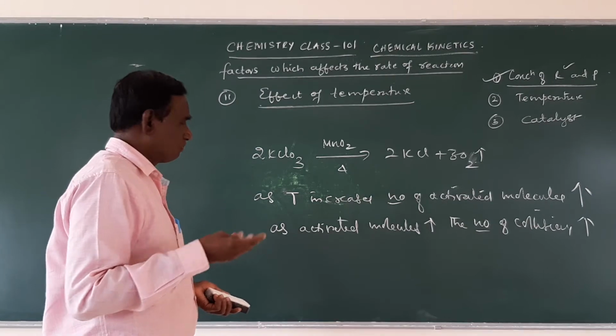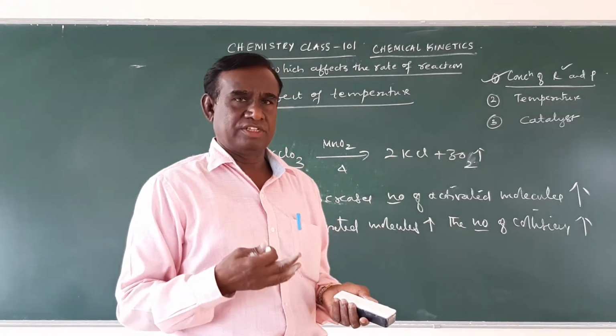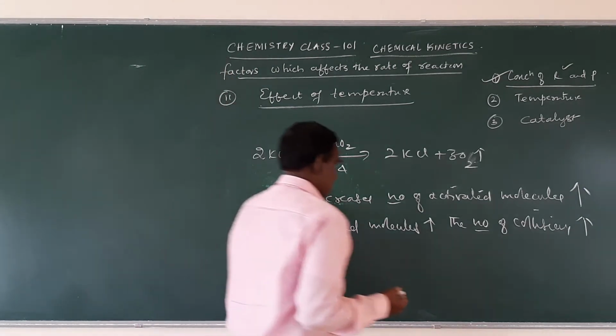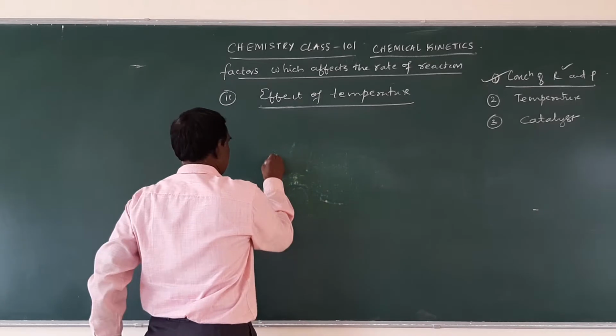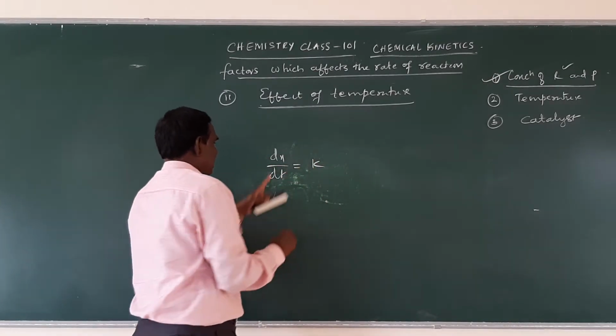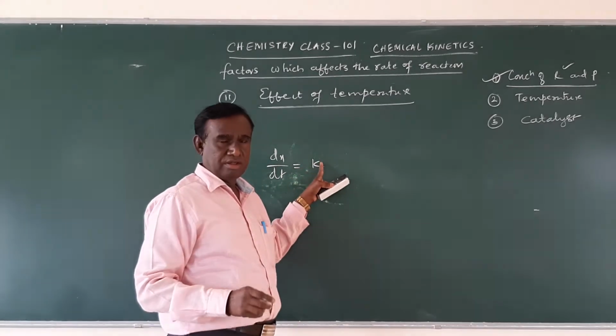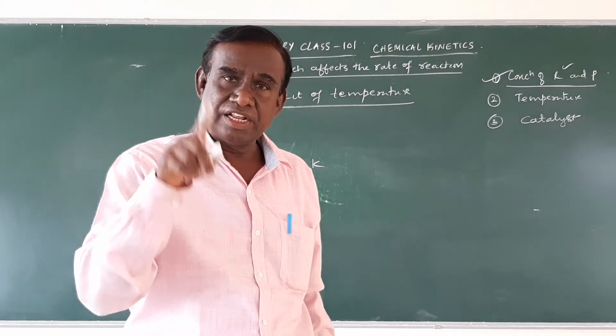Generally, for every 10 degree rise in temperature, the rate constant becomes doubled or even tripled. That is dx by dt, the rate of reaction or rate constant, becomes doubled or even tripled for every 10 degree rise in temperature.